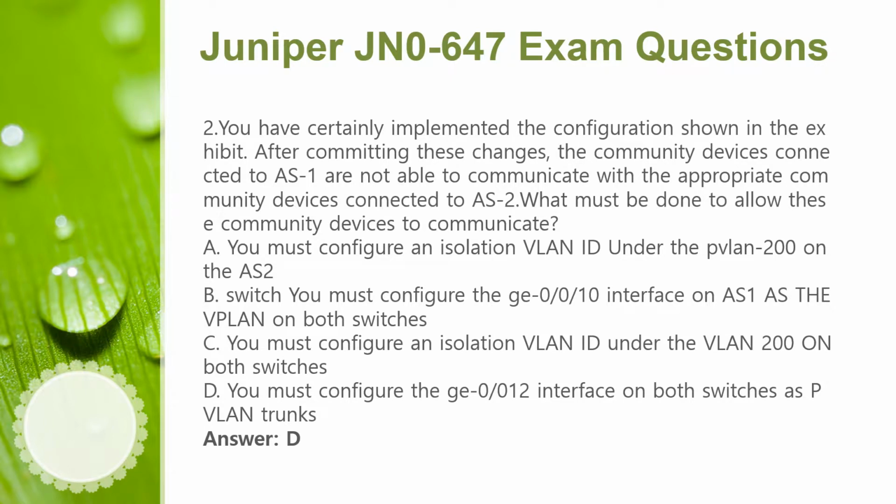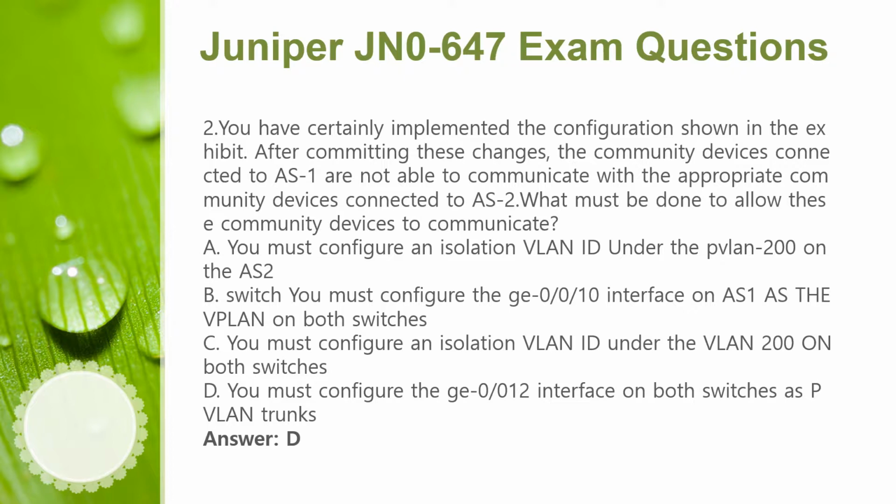2. You have implemented the configuration shown in the exhibit. After committing these changes, the community devices connected to AS1 are not able to communicate with the appropriate community devices connected to AS2. What must be done to allow these community devices to communicate? A. You must configure an isolation VLAN ID under the PVLAN 200 on the AS2 switch. B. You must configure the ge-0/0/10 interface on AS1 as the PVLAN on both switches.